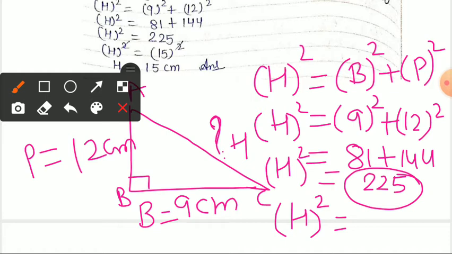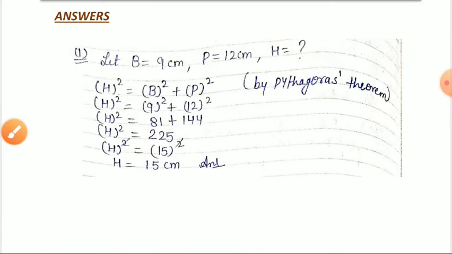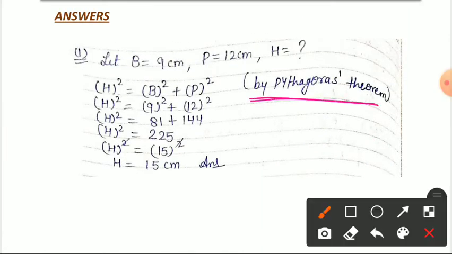It is a perfect square of 15, because when we do 15 into 15 we get 225. So 225 can be written as 15 square. So square is cancelled by square on both sides. What is left? Hypotenuse will be 15 centimeter. In this way we can find the hypotenuse. You can see the solution here as well.